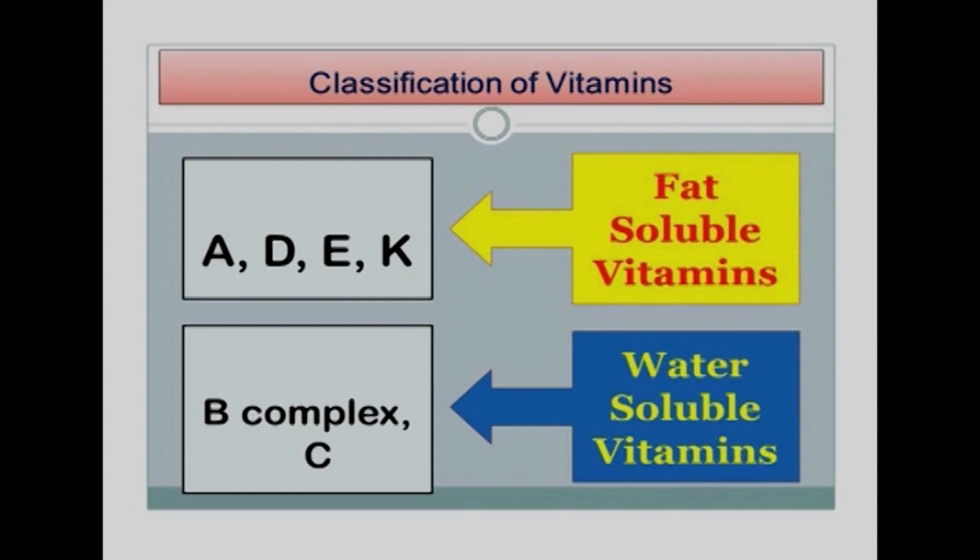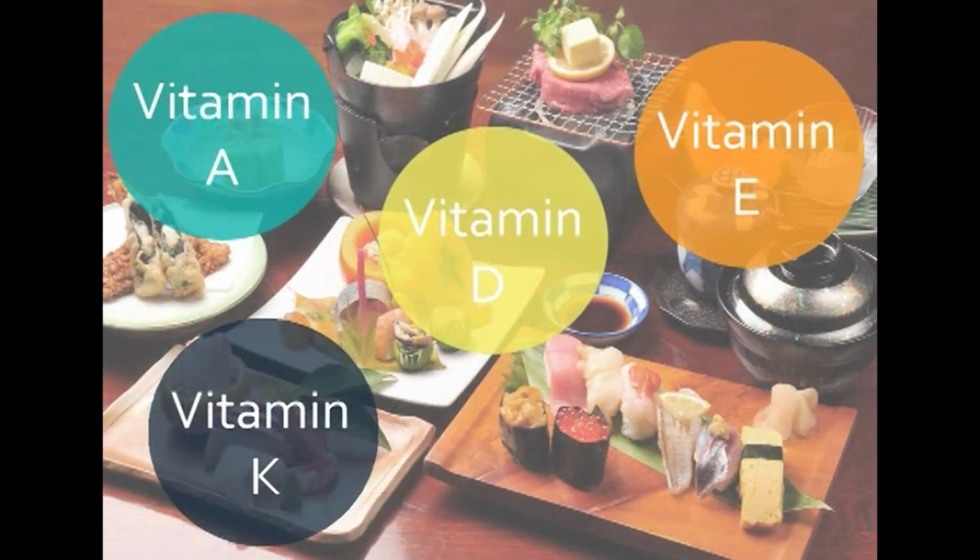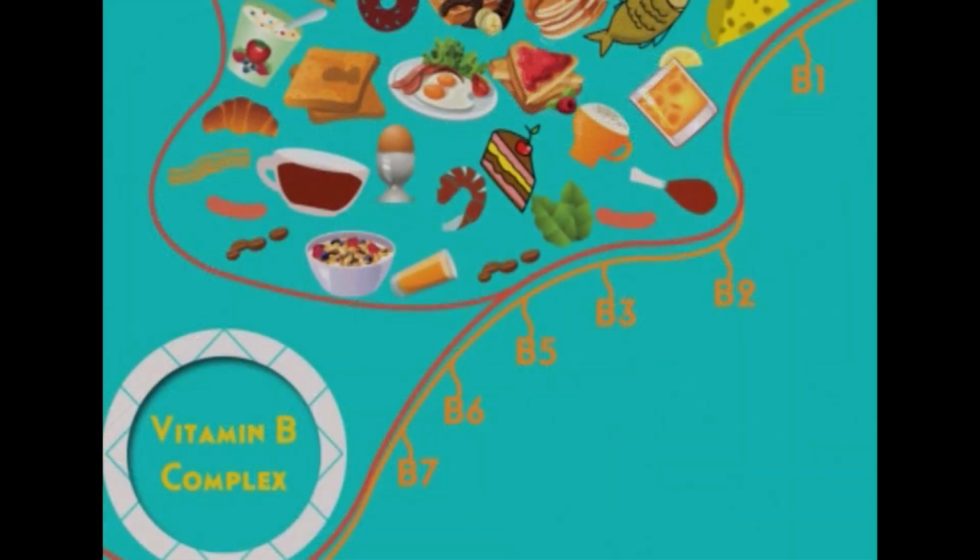Vitamins are classified into two basic types: fat-soluble vitamins and water-soluble vitamins. Fat-soluble vitamins include vitamin A, vitamin D, vitamin E, and vitamin K, whereas water-soluble vitamins include B complex vitamins and vitamin C. When we say B complex, it is not a single vitamin.